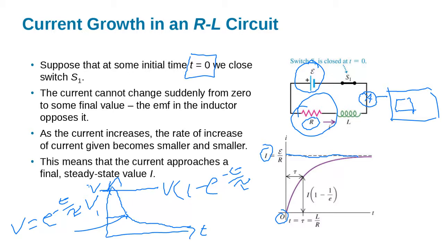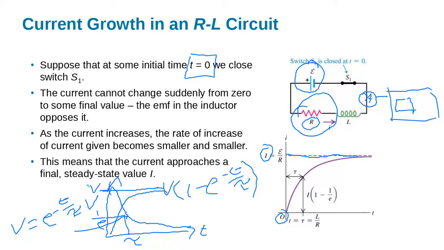For the increase in current, it's going to be 1 minus e to the minus t over tau. So it's just doing this and rising to a steady value rather than decaying to 0.